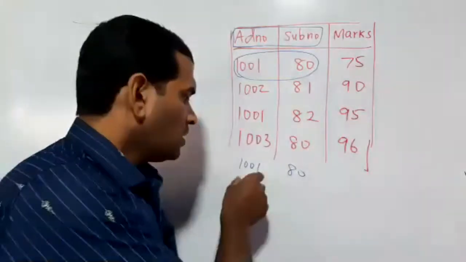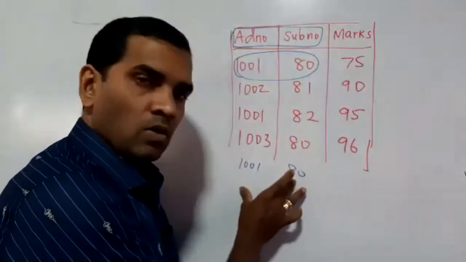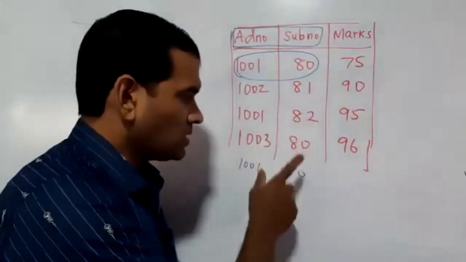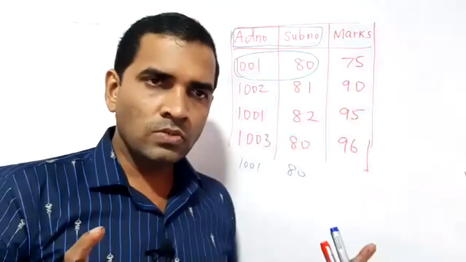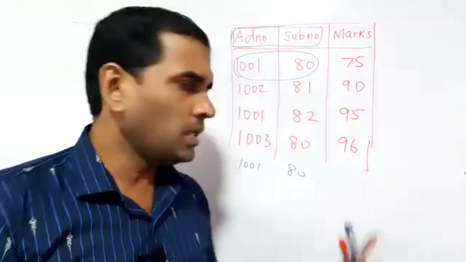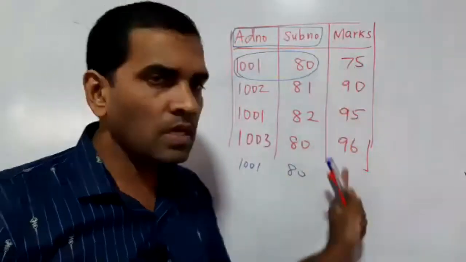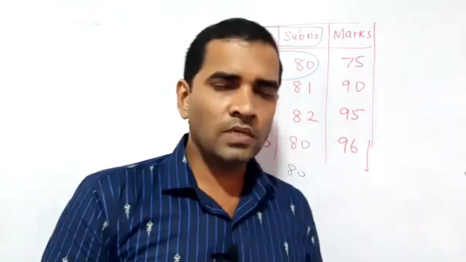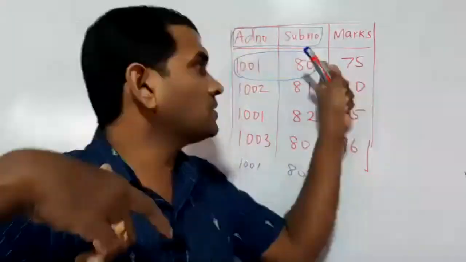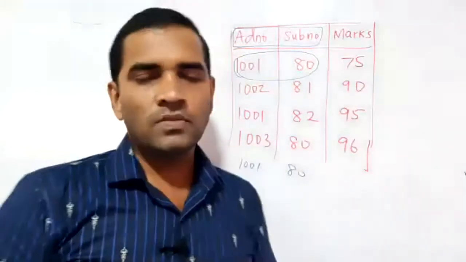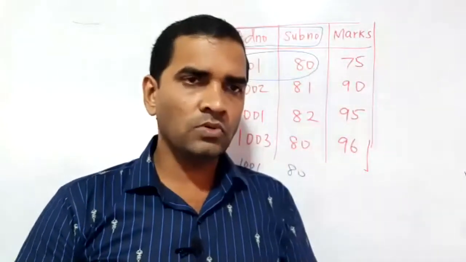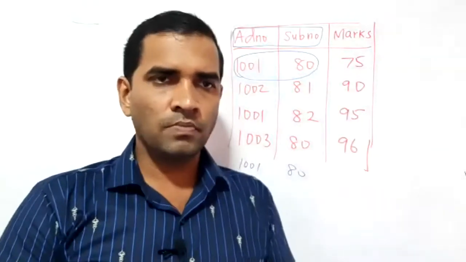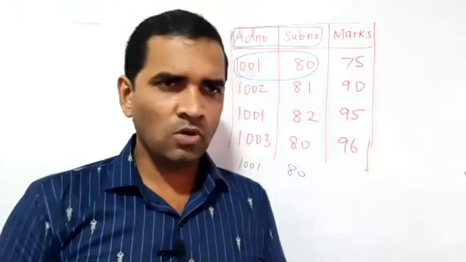So according to these two data, 1001 sat for 80, and when he sat for 80, he has to take the same marks because we are storing subject marks and student marks. You can't say that it is the first term mark or the second term. That is not possible. We cannot store different exams in one table. So this may be one exam, maybe a term exam or a common exam.